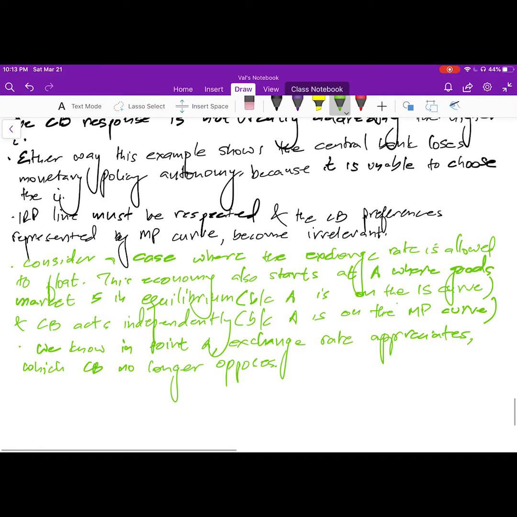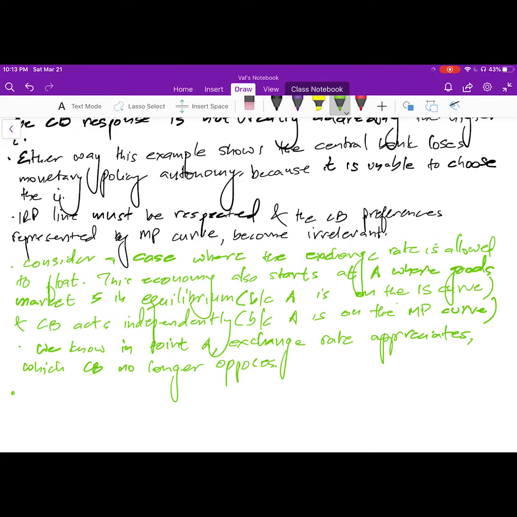Well, so that must be the end of story, right? If the central bank no longer opposes, it's on point A, what's the problem? Well, the problem is the central bank still has a dual mandate. The dual mandate is to have maximum employment and price stability.